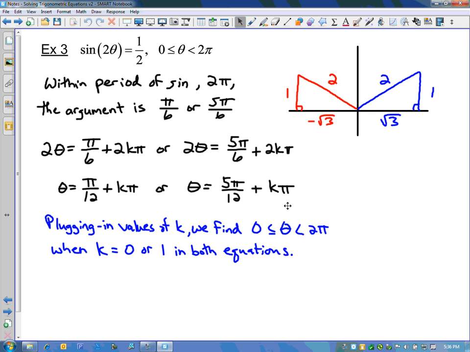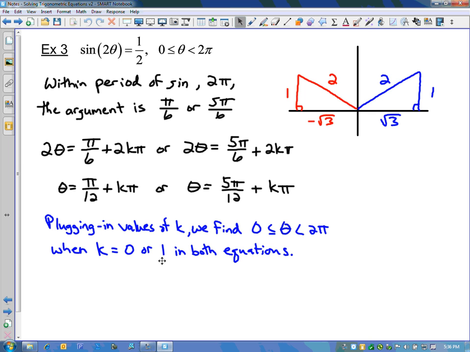So if k is any negative number, then it would in effect be subtracting at least 1, which would make both of these negative, and that would be outside the range. So we don't have to worry about any negative numbers. We can start at 0, and plugging in 0, we would get pi over 12 and 5 pi over 12.